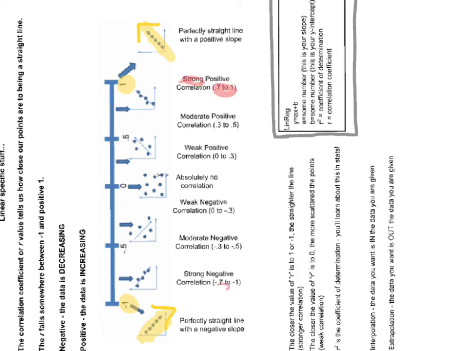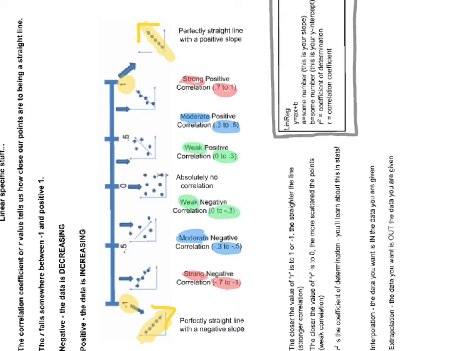It doesn't matter if that number is negative or positive, that's still strong correlation. And then if the number is between 0.3 and 0.7, again, it doesn't matter if it's negative or positive, that's moderate correlation. And if the number is between 0 and 0.3, that's going to be weak correlation.